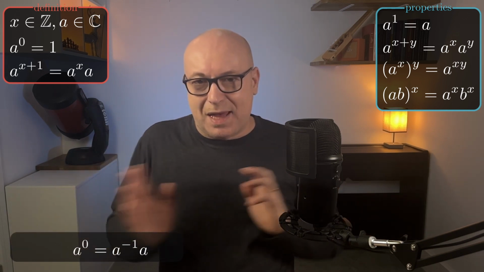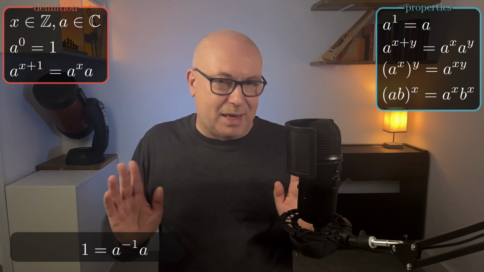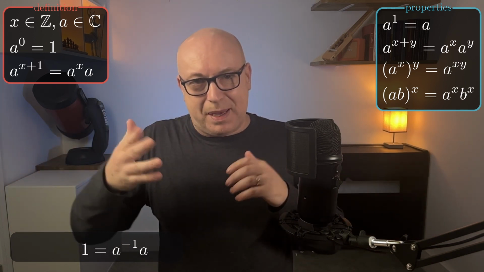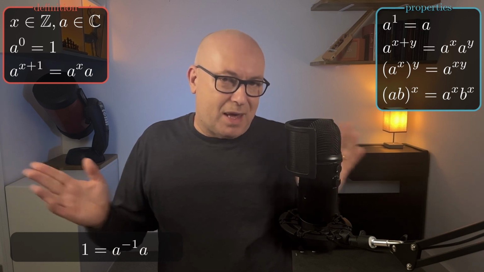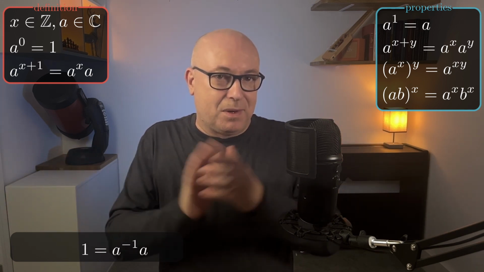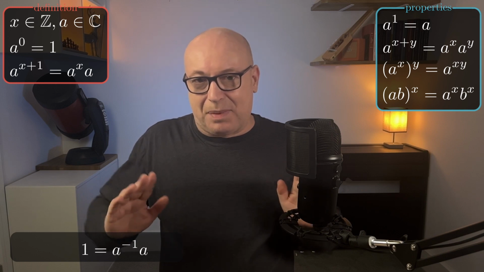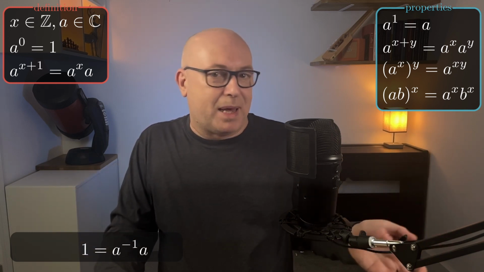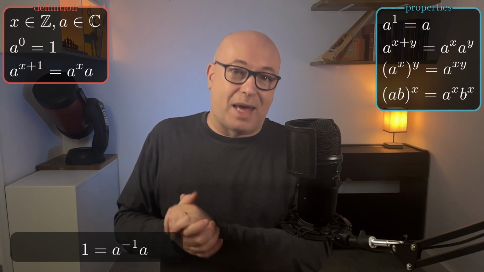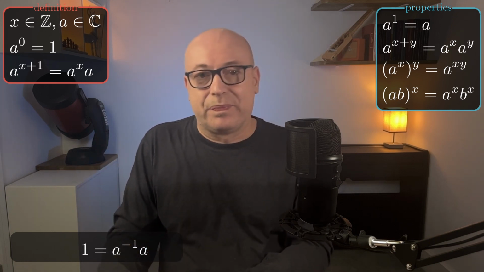Now this gives a to the power of minus 1 times a is equal to 1, which is what we expect, that a to the minus 1 is 1 over a, but this can't apply if a is 0. Anything being multiplied by 0 just gives 0 back, not 1. So we have to exclude a equals 0 from the definition.